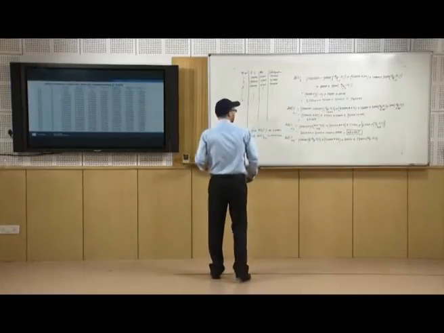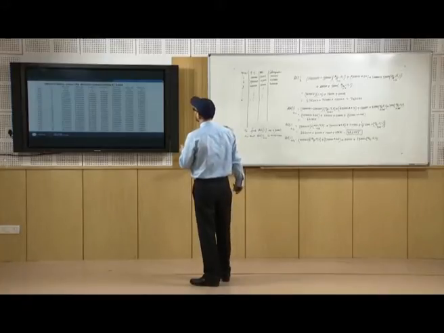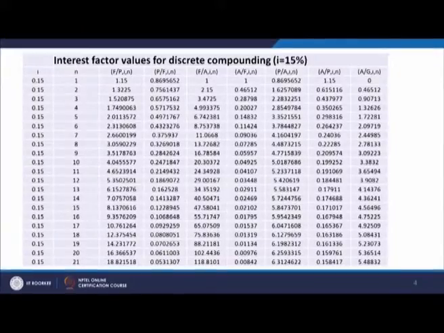A by P 15.4 comes out to be 0.350 and A by G 15.4 is 1.326.